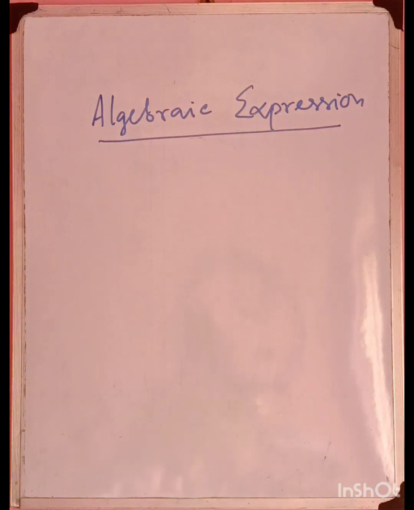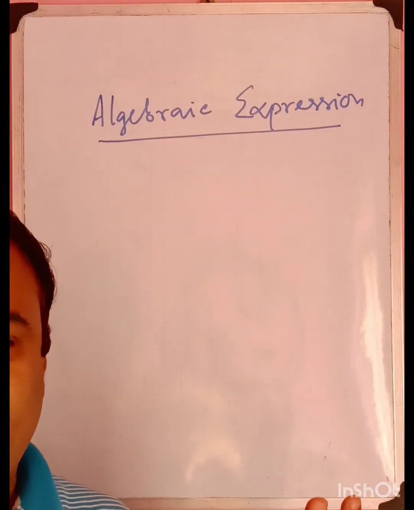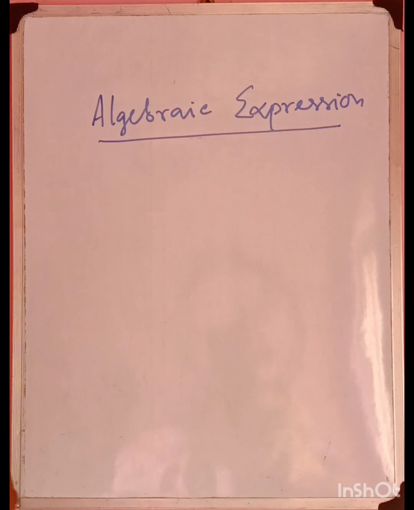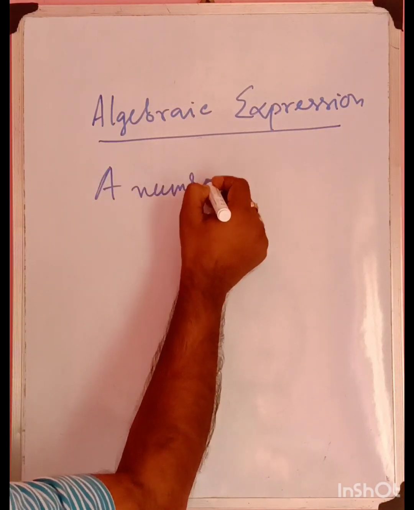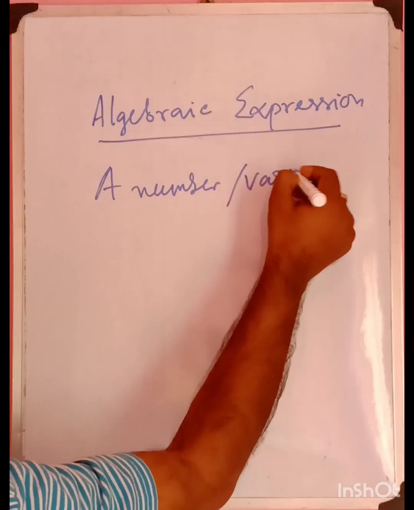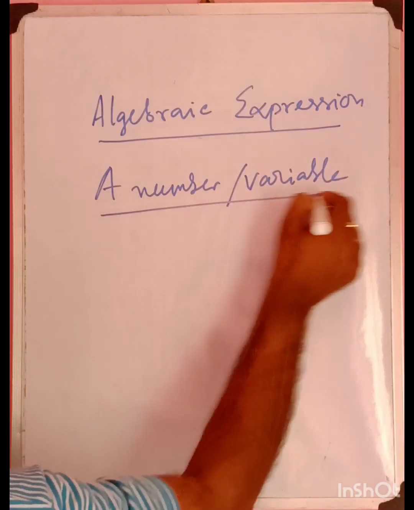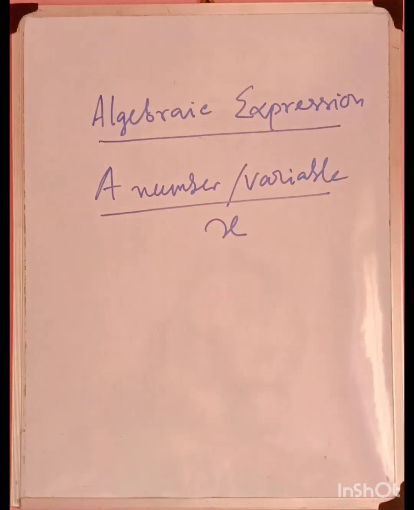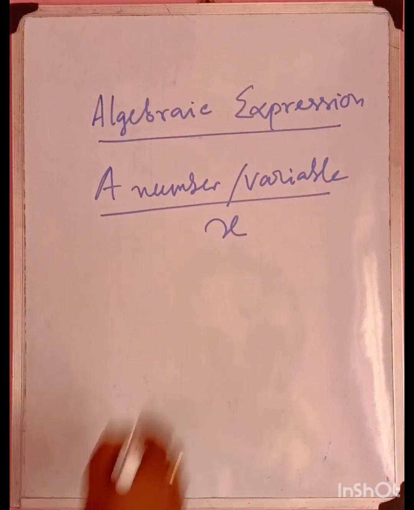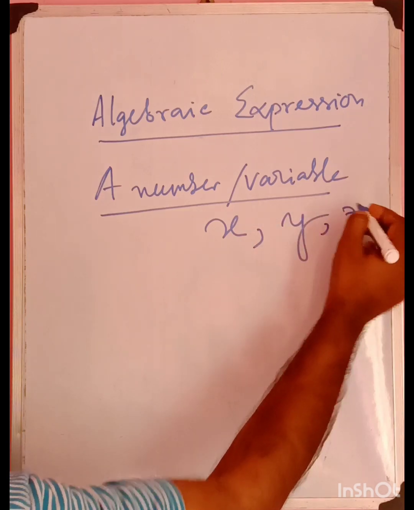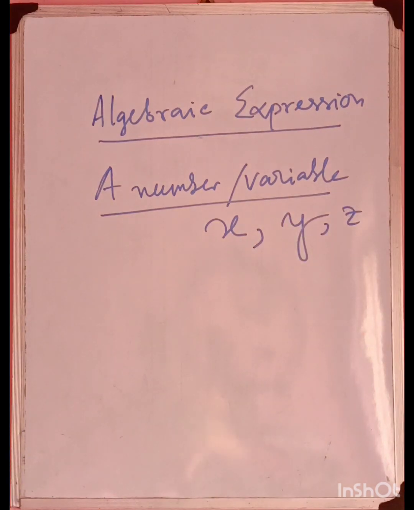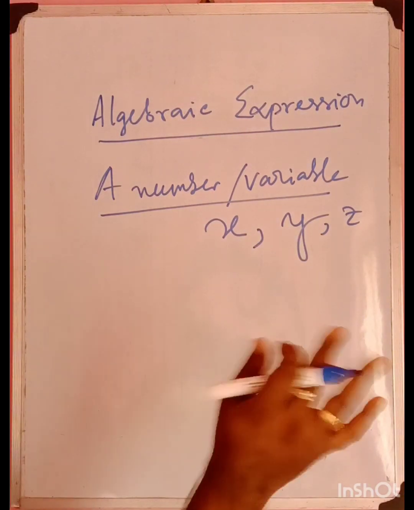Say, you are saying 5 more than a number. Now, a number, or any variable, is normally considered as x. Somebody can consider y, somebody can consider z, no issue. These all are variables, you know it.